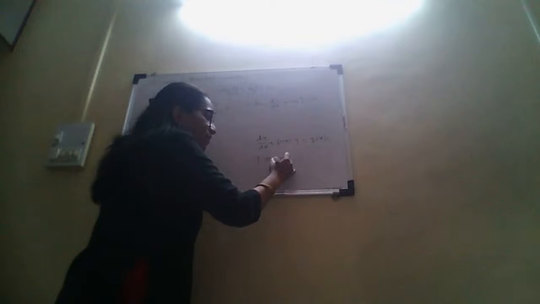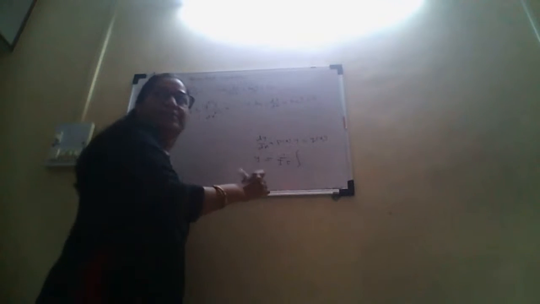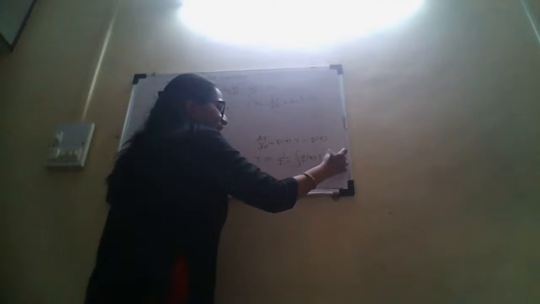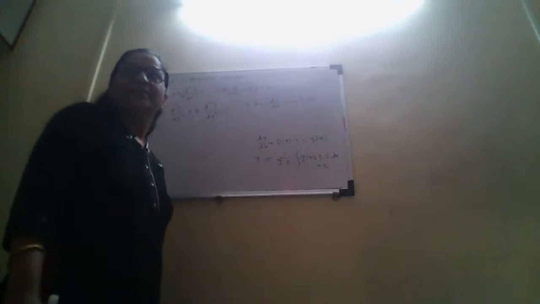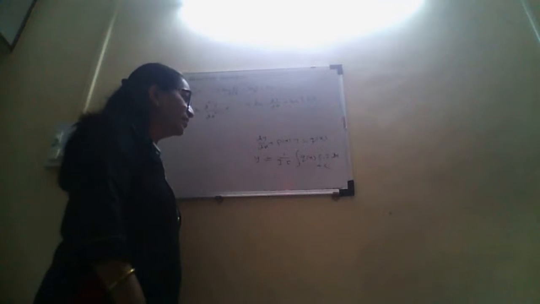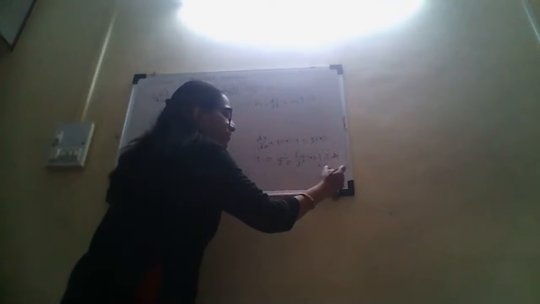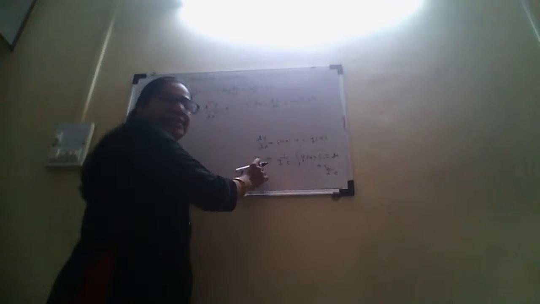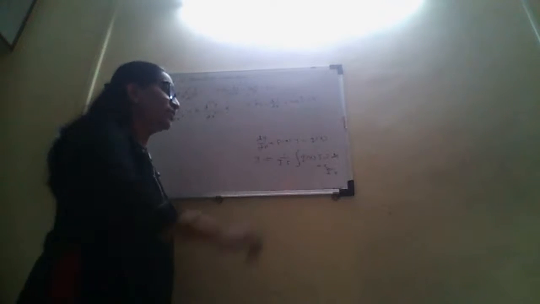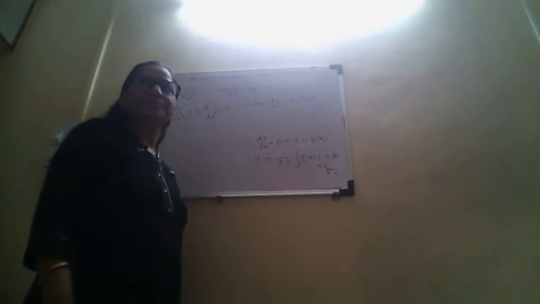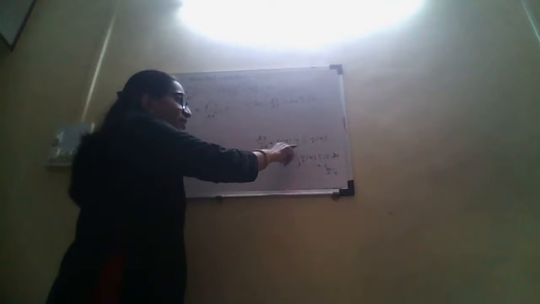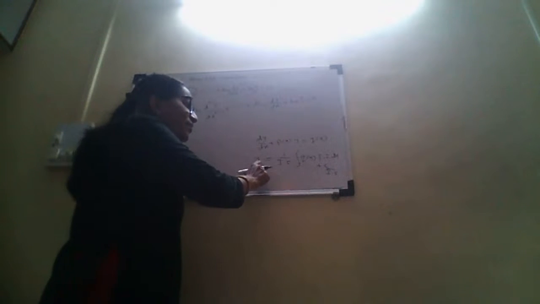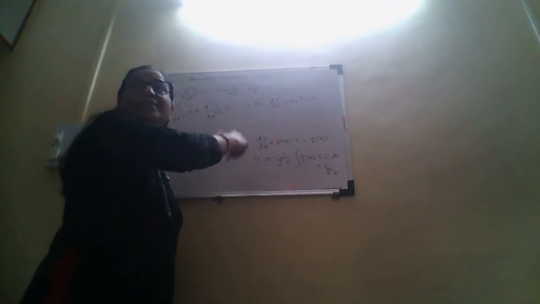So y is equal to 1 upon IF times the integration of q of x into IF into dx plus c. I shifted this IF, which was already on the LHS, over to the other side. So it is the general solution of the linear differential equation of first order and first degree. We have a single solution because the order is 1.